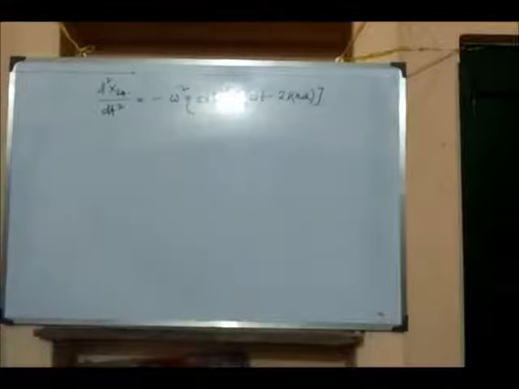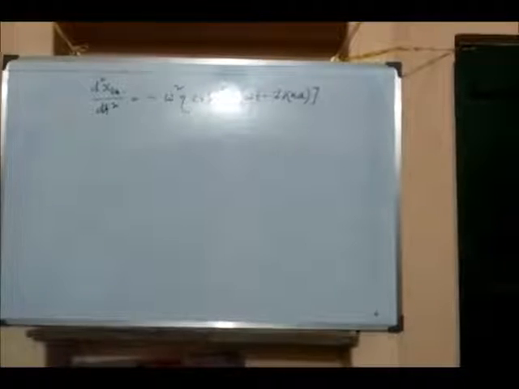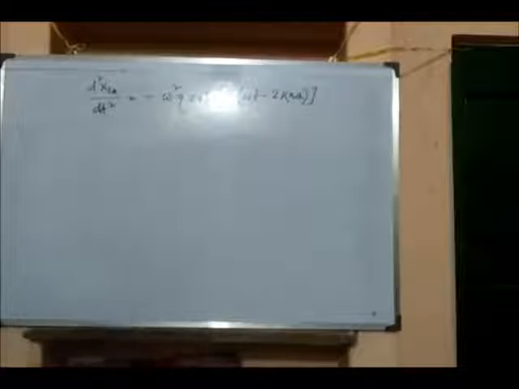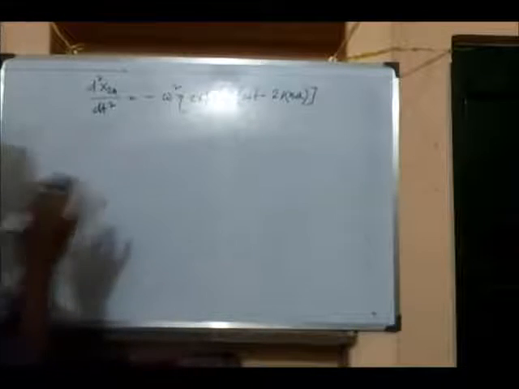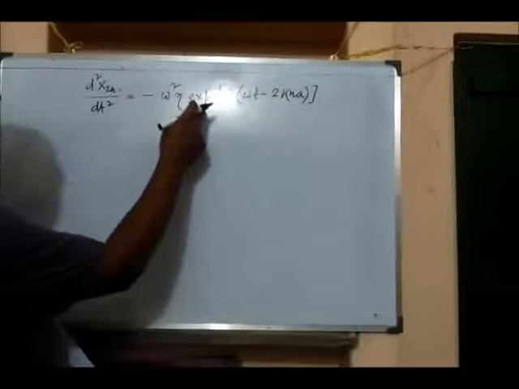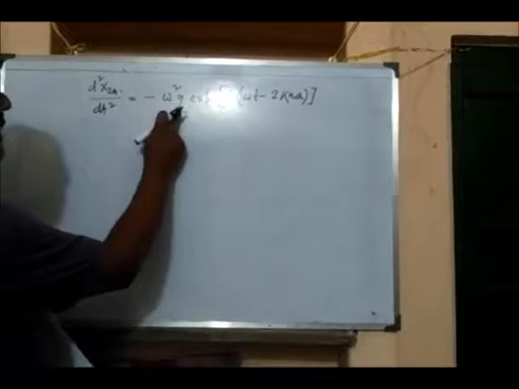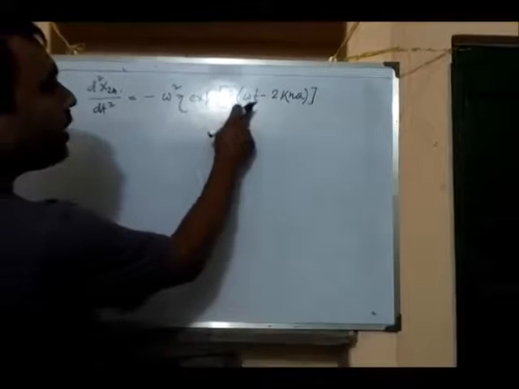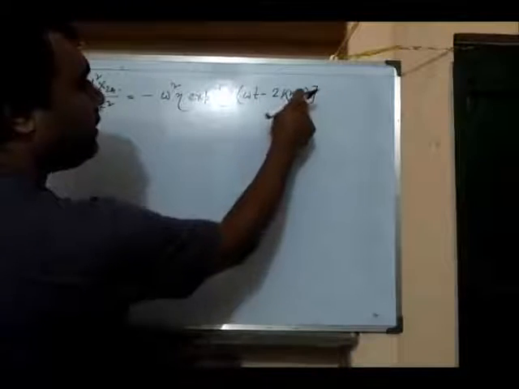At the same time, if you put some odd point here, this will be omega squared beta exponential i (omega t minus (2n+1)ka).